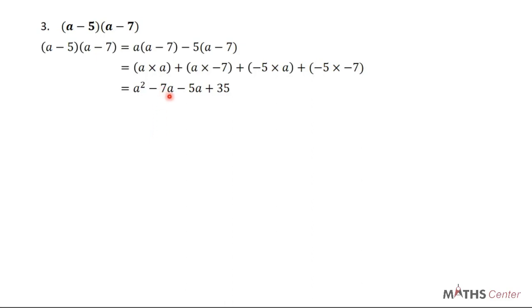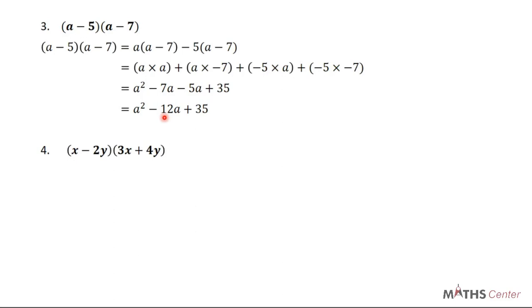You can see that the only like terms here are minus 7a and minus 5a. And we know that minus 7a minus 5a is going to give us minus 12a. So we are going to have a squared minus 12a plus 35. If you watch the video on additions and subtractions of algebraic expressions, you understand why minus 7a and minus 5a is giving us minus 12a.